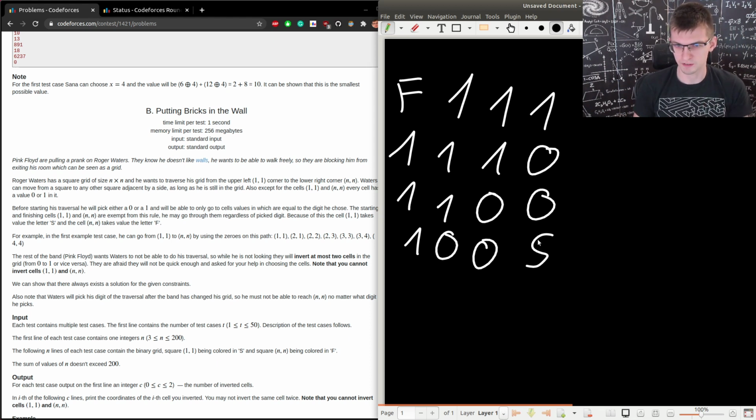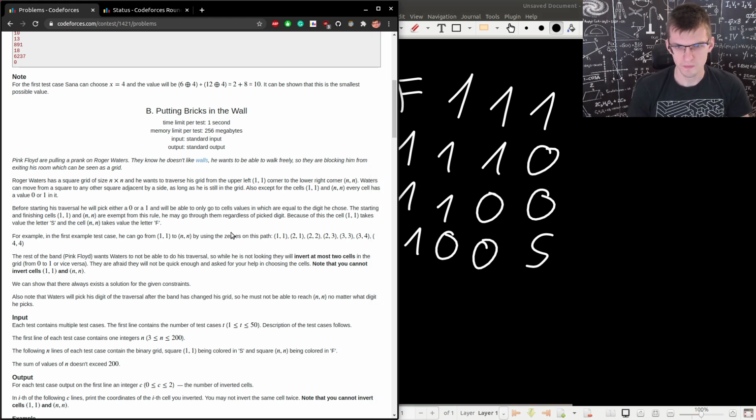But that's nonsense, because if half of a grid is 1s and half of a grid is 0s, then what do you do? To only go to cells whose values are equal to the digit he chose.